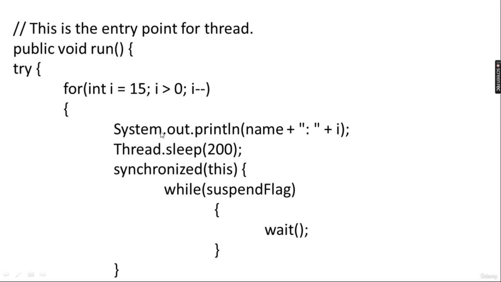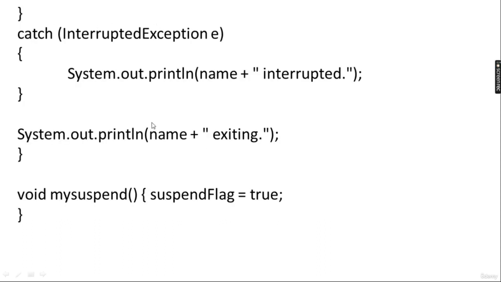For 15 times as in the previous example it will run. Then the synchronized block. This is a very important thing we have to understand. In the synchronized block, while suspendFlag is true, it has to wait. Then InterruptedException, thread exiting. Then mySuspend will set suspendFlag to true.